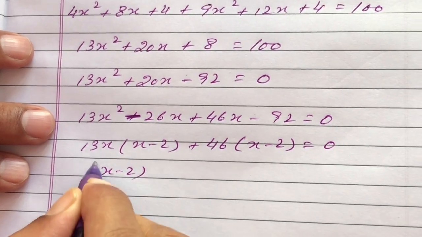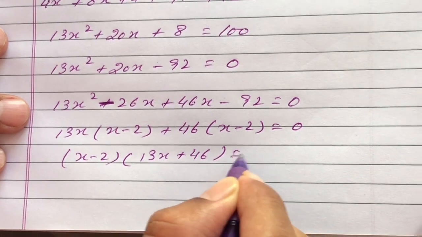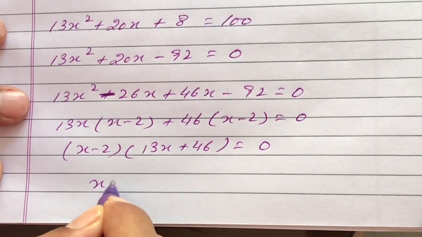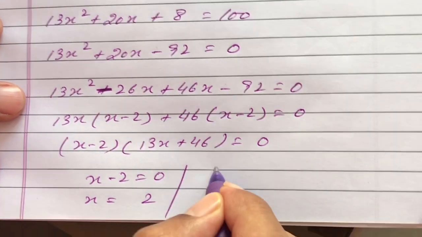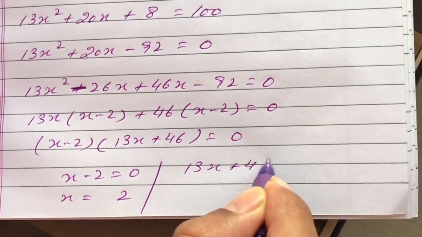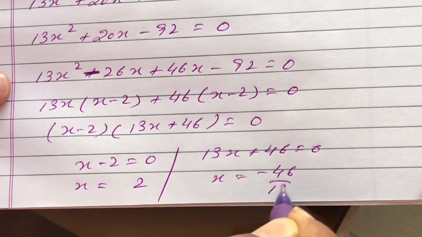So x minus 2 is equal to 0. X is equal to 2. 13x plus 46 is 0. X is minus 46 upon 13.